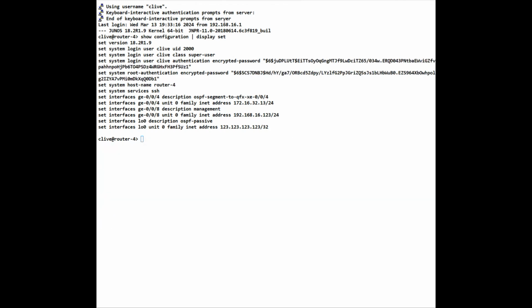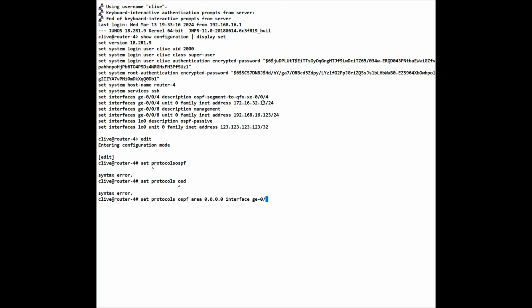And now we'll do router 4, exactly the same: set protocols OSPF, and we're going to put the area 0000, interface GE-004.0 on this system, and we're going to put the loopback in as passive, LO0.0 passive, and we are going to commit this one.